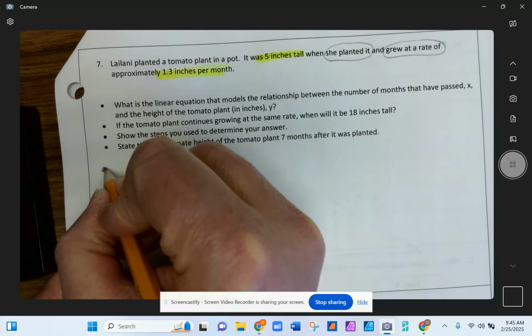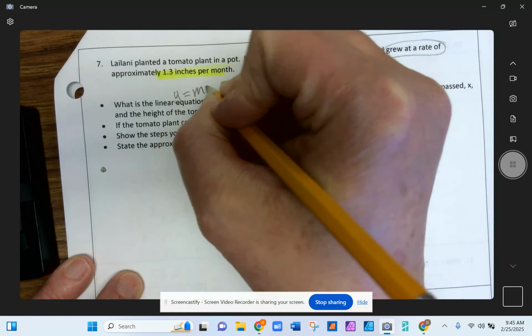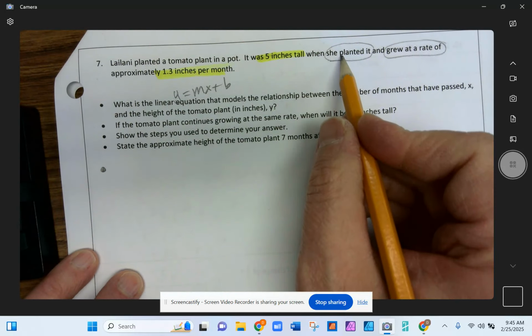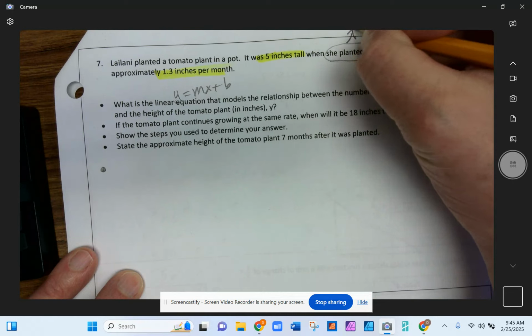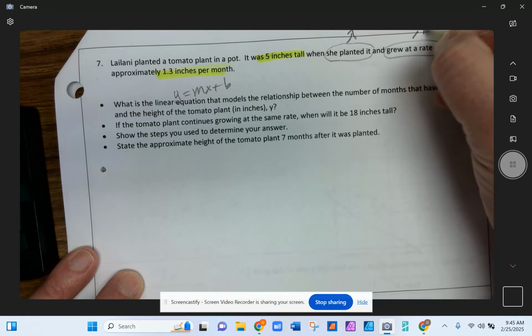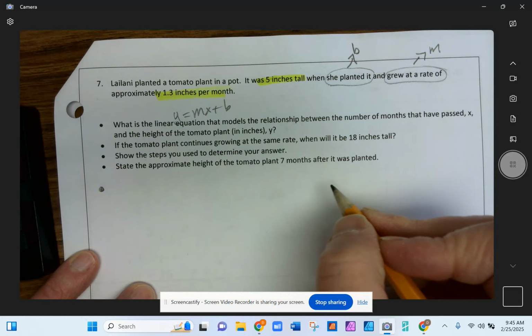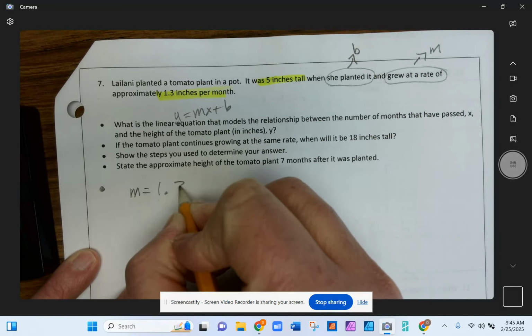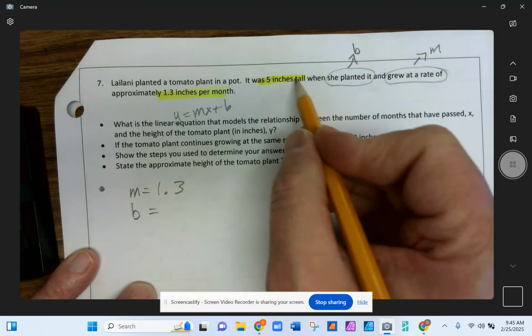So the first one here, what is the linear equation? Remember, this is going to be in the form of y equals mx plus b. When she planted it, that's our initial value, our b, and grew at a rate of, that's our m. It grew at a rate of approximately 1.3 inches per month, and our b value is where it started, 5 inches tall.